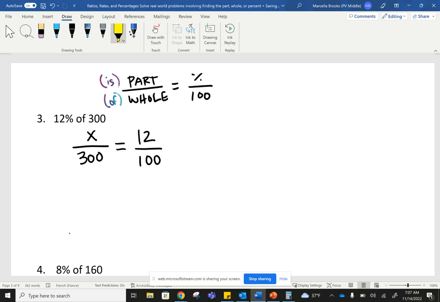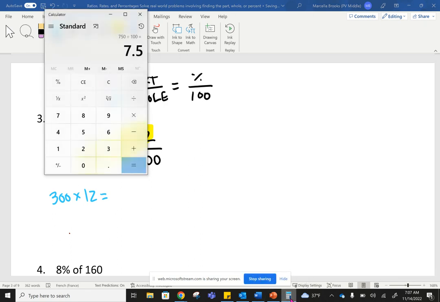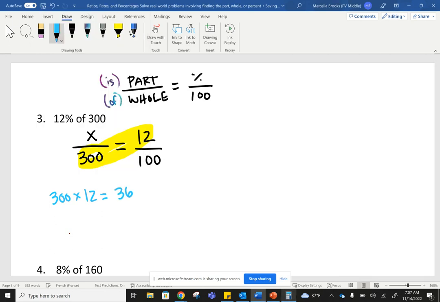So again, we're going to cross multiply. So 130 times 12 equals 1,560. And then we're going to divide by the only number left.